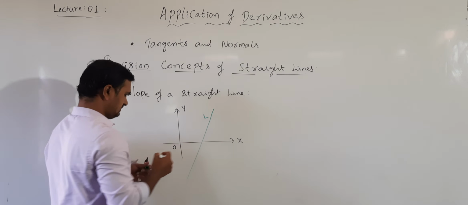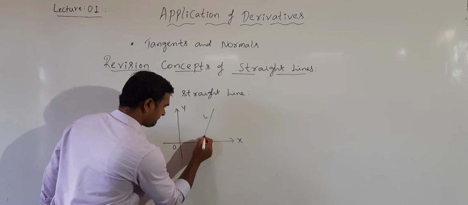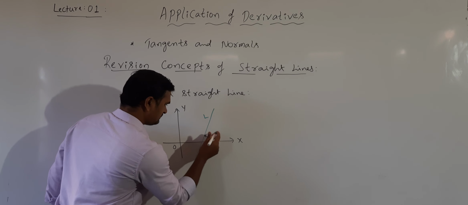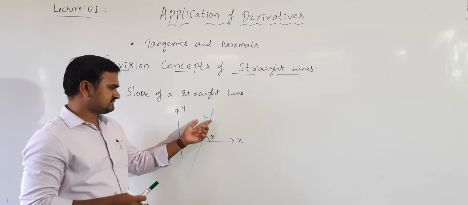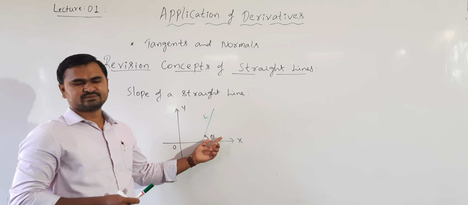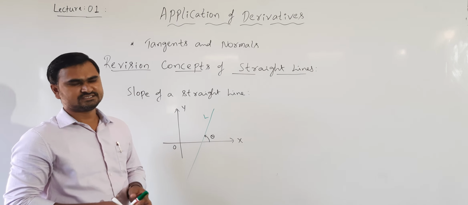This is the line L, and this line is making some angle theta, which is measured from the positive direction of x-axis. So line is making an angle theta with respect to the positive direction of x-axis measured in the anti-clockwise direction.